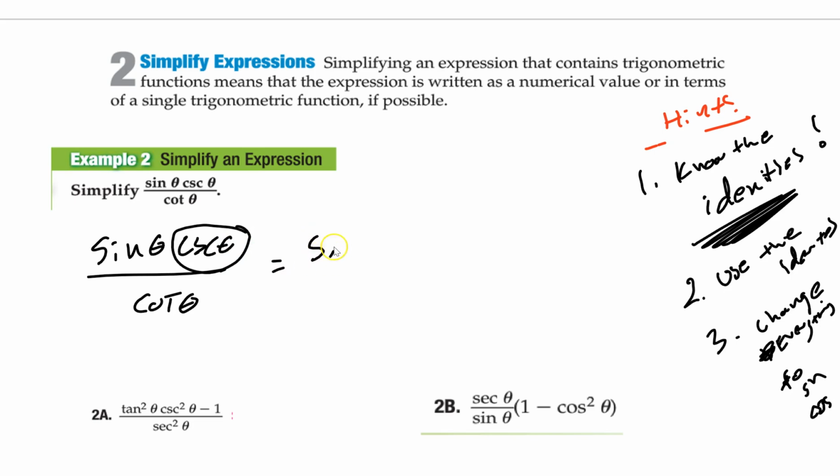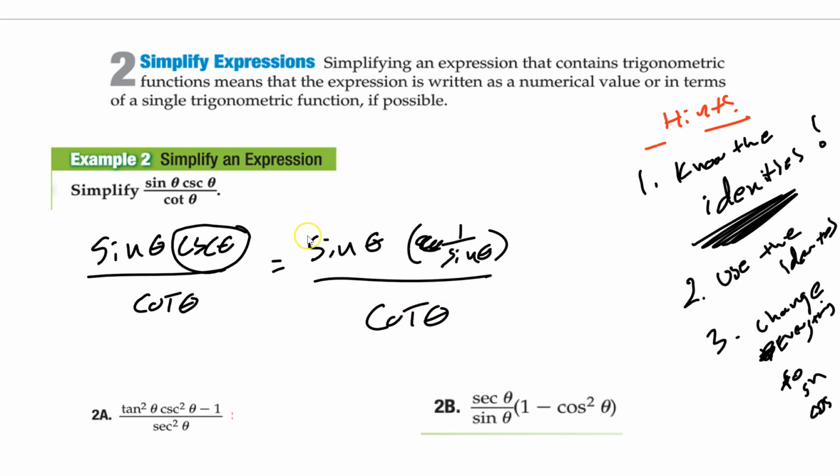So this is the same thing as saying sine theta times 1 over sine, over cotan theta. Well, sine and 1 over sine cancel out, and you just get 1. By the way, I could know that from here: sine and cosecant are reciprocals of each other, so they just cancel out and you get 1. But that's why. Now you have 1 over cotan. What's the reciprocal of cotan? Tan.